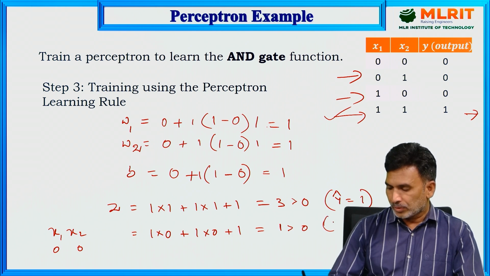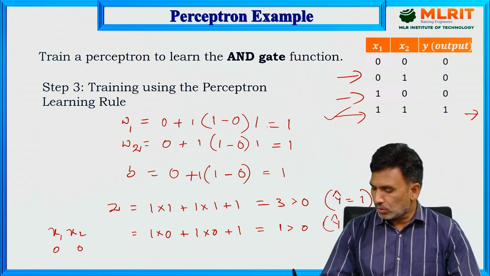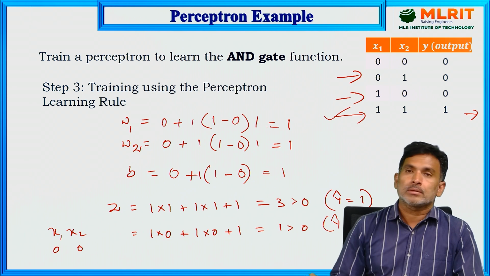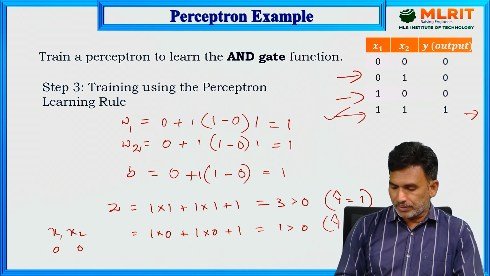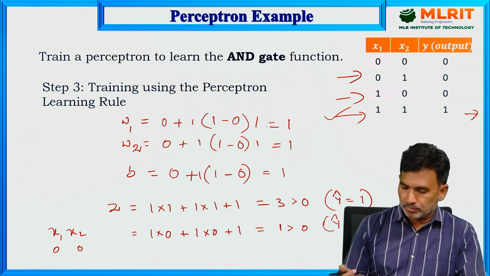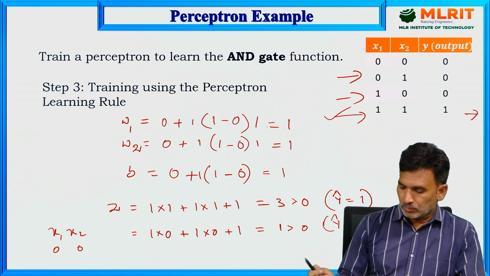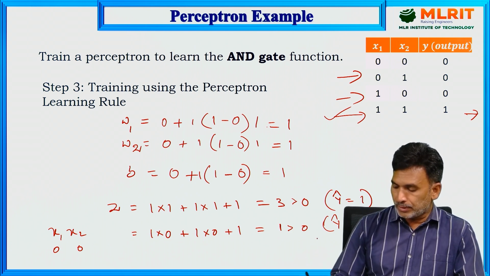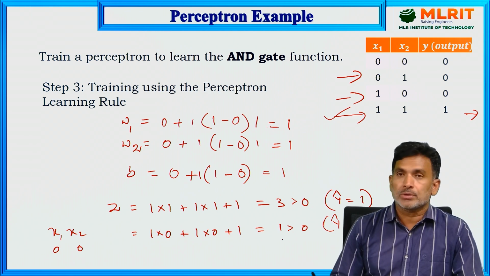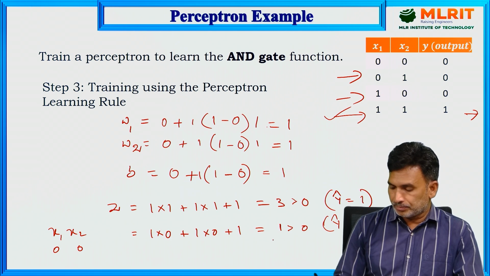So the output is wrong. So then again these values need to be updated. If you update these values, then let us check how these values are going to change. So for this instance, the output should be 0, but it has produced this sample classified as 1, output as 1.